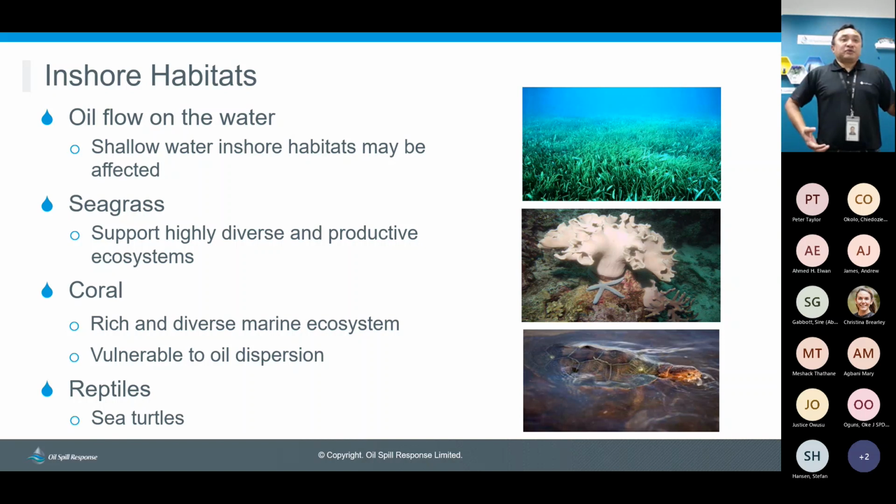So if you have a dispersion, this would highly affect the ecosystem with the coral and the seagrasses. And of course, take note also of the shallow water inshore habitats, specifically near the mangrove areas, which could also be affected. Sea turtles normally live near shore, and of course, on the shoreline they could also be impacted by the oil spill.